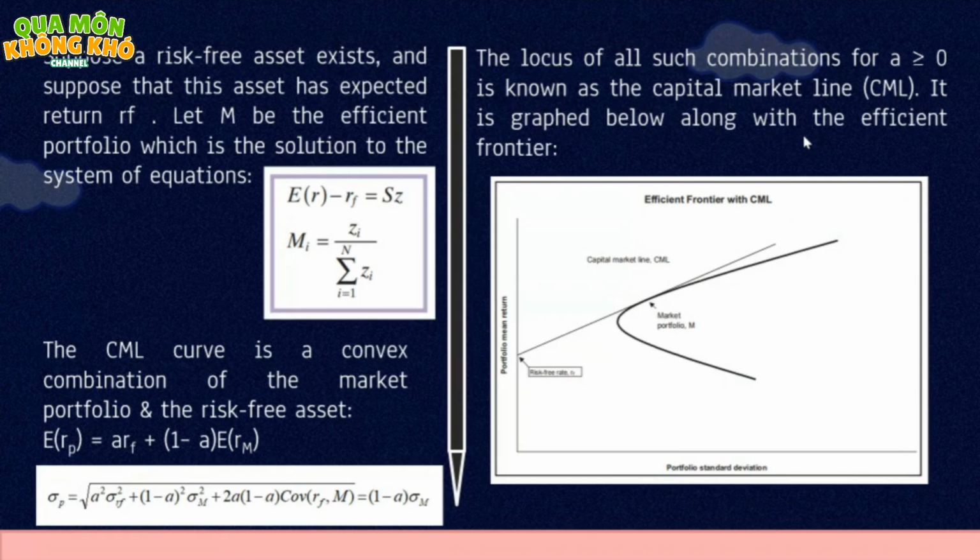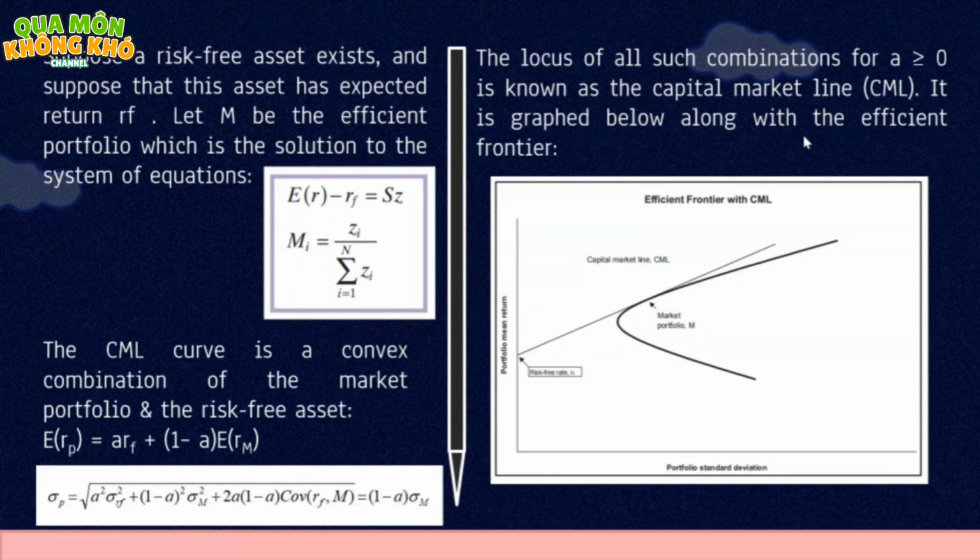The CML is a convex combination of the market portfolio and the risk-free asset. We have the function here. The locus of all such combinations for a greater than 0 is known as the capital market line. You can see the picture here.